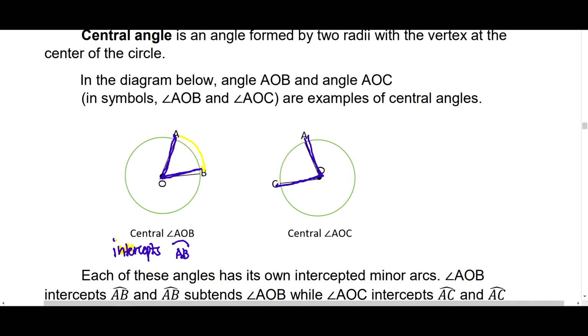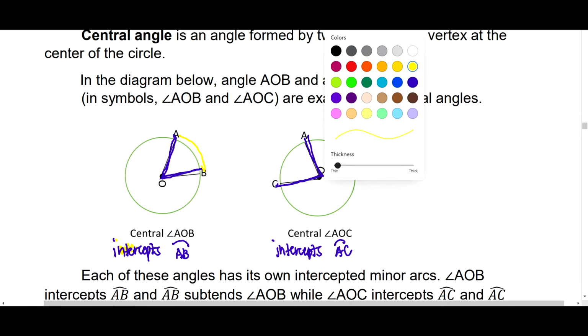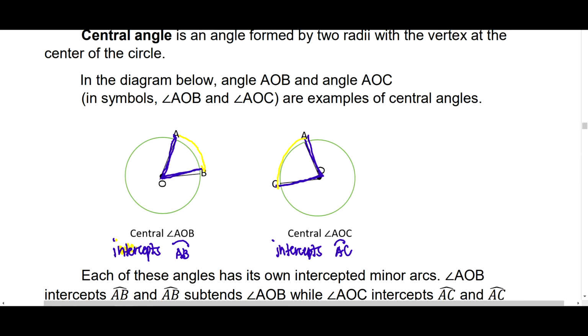Ito ang in-intercept niya. Central angle AOC intercepts arc AC. So pag sinabing intercept, yung tinamaan ng dalawang radius. Yan. Now, intercepted arc and the central angle, they have the same measure. So, ano yung ibig sabihin ko doon?